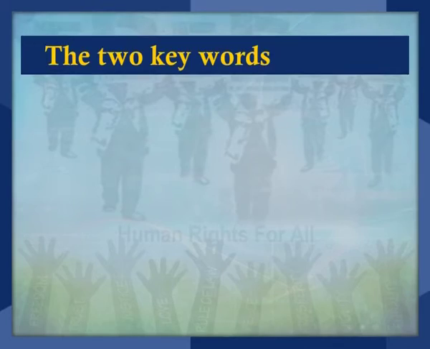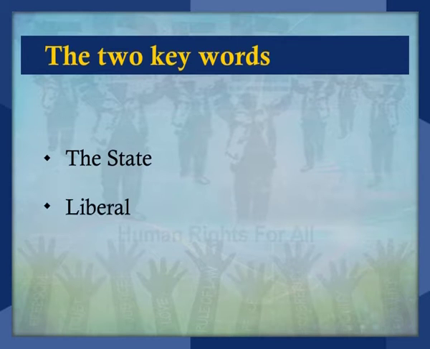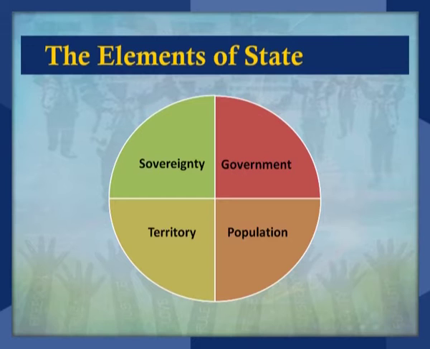Let's begin by exploring the exact meaning of the key words, the state and liberal, with particular reference to India. People often equate the state with the government, but actually it is a far more comprehensive concept. Political scientists point out that government is only one element of the state.